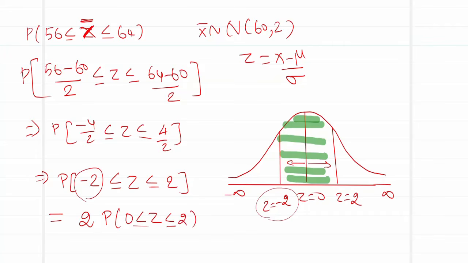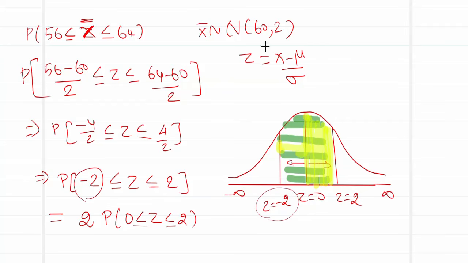That is what I do over here: I consider this portion and then shift it to this portion so that I make it 2 times the portion over here. So already the green portion is there. If this yellow portion is flipped, then it will become 2 times the value.